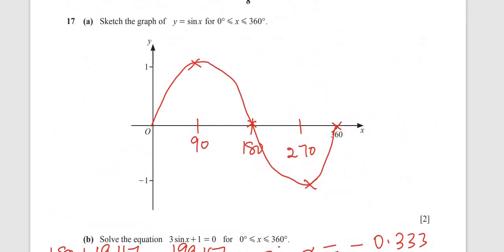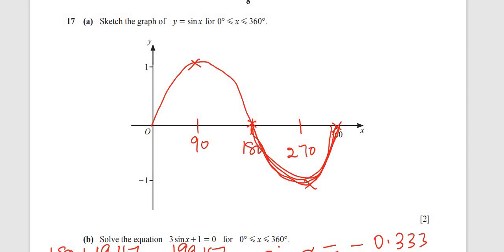So if I take you back to this graph, you can see that for all the angles from 180 to 360, the curve is below the x-axis, meaning that all these angles have a negative value for the sine. So that's why all the angles have to be between 180 and 360.